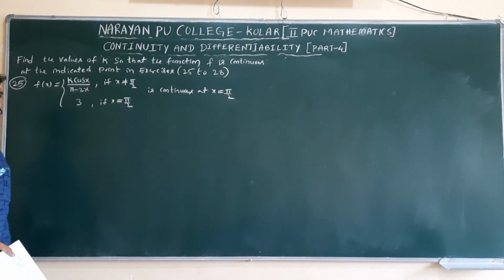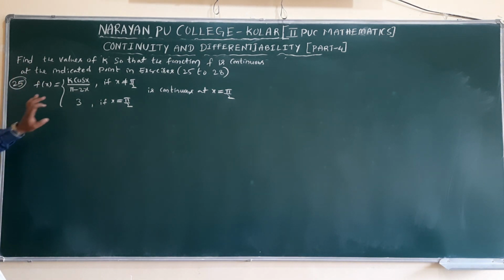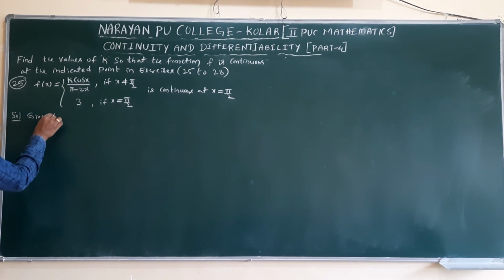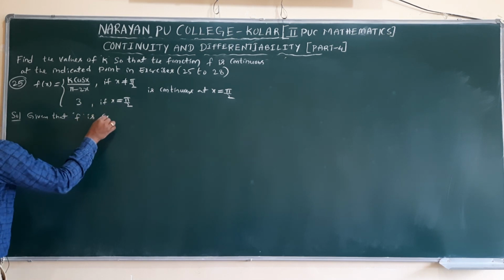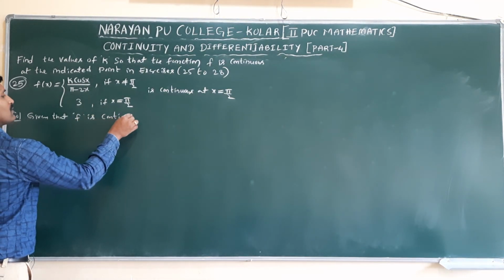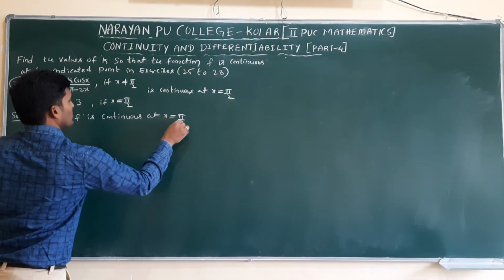It is a most repeated question in annual exams. This question is repeated many times. Now what is given here? Given that f is continuous at x equal to pi by 2.